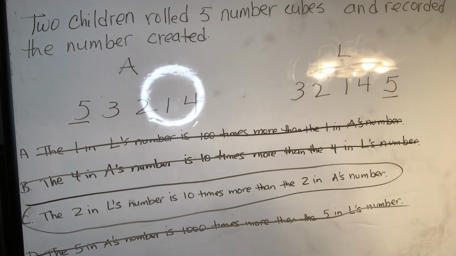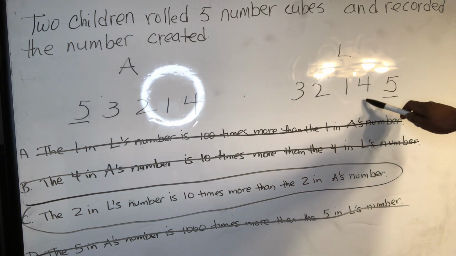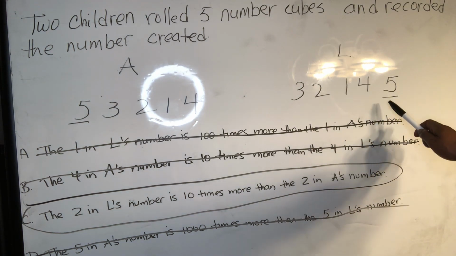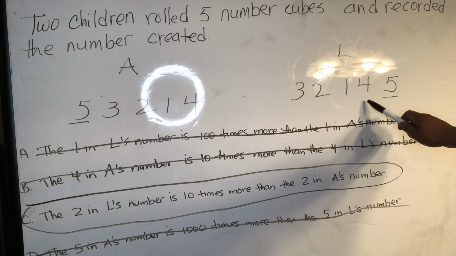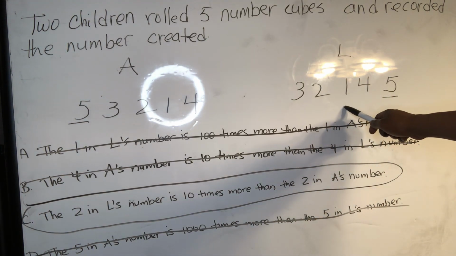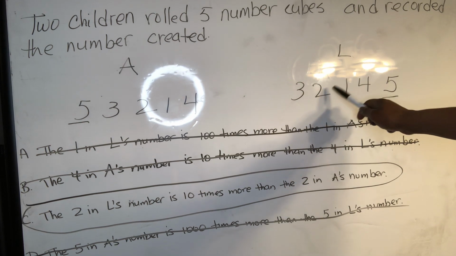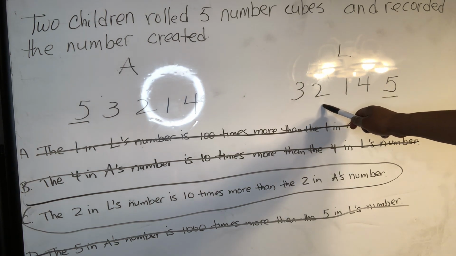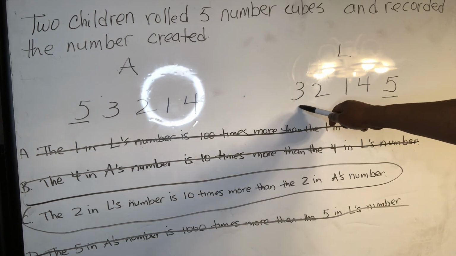But I do want to explain, how do we decide 10 times, 100 times, 1,000 times, or 10,000 times greater? Each time we move one place, that would be 10 times. So from the ones to the tens would be 10 times greater. If we go 2 places, that would be 100 times greater. 3 places, that's 1,000, and 4 places is 10,000.